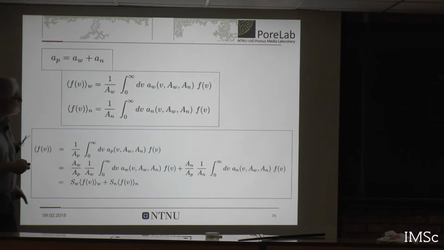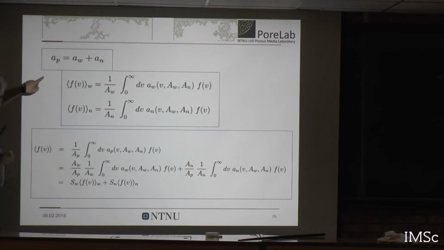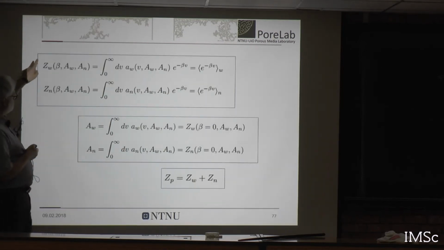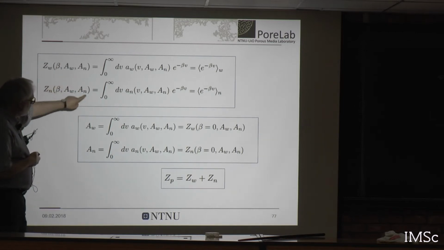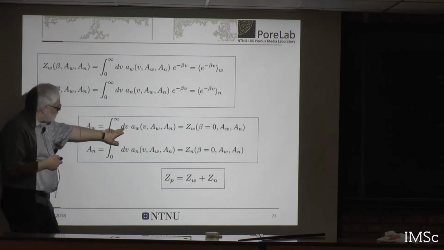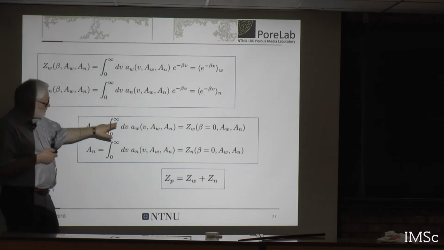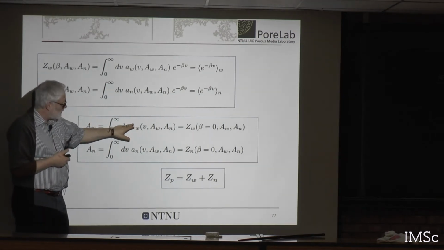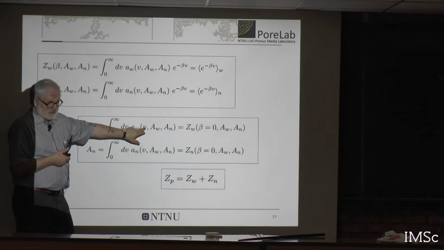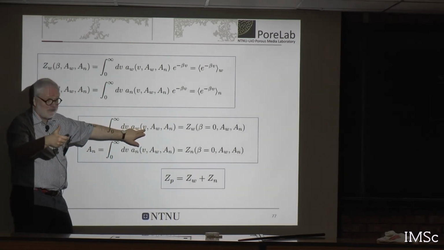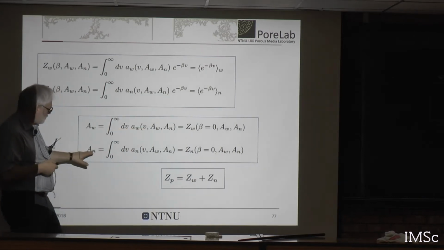And look, if I sum over this one here, I get the total area. So this is basically the wetting area of wetting liquid having a velocity between v and v plus dv, and so forth. Here's the other one.